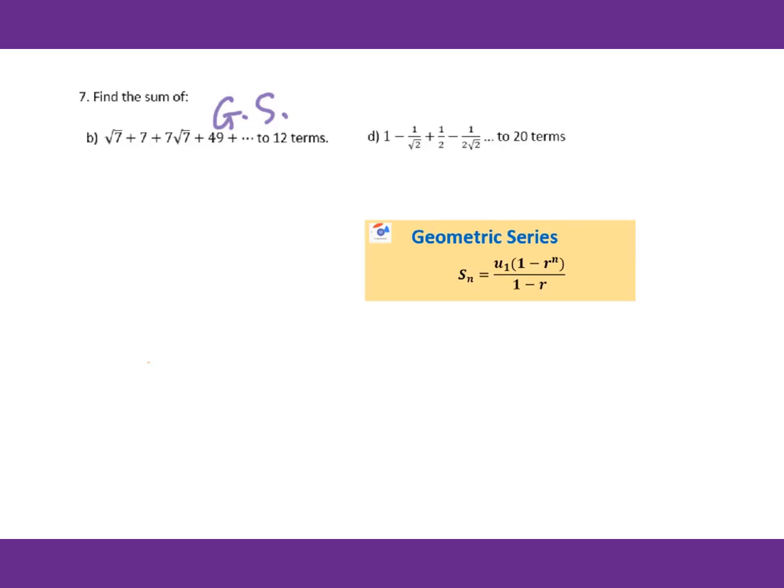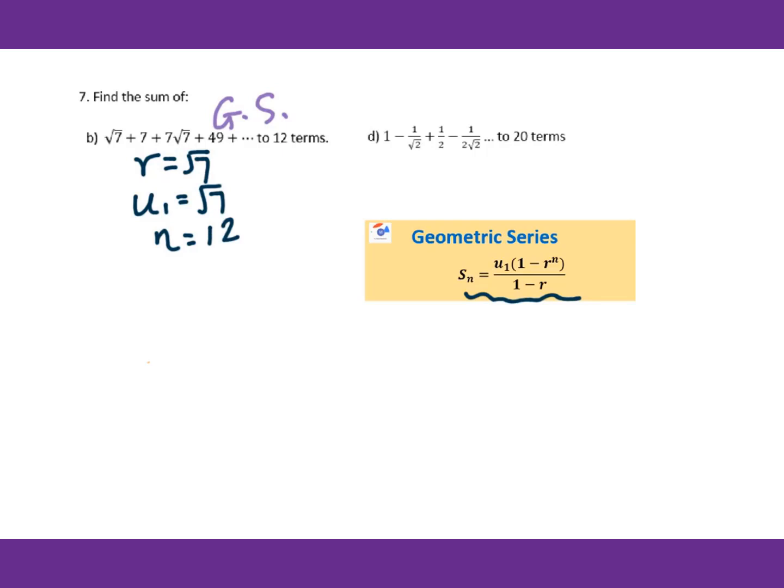For a geometric sequence, here is the formula. We already got r equals square root of 7. U sub 1 is square root of 7. Then n equals 12.